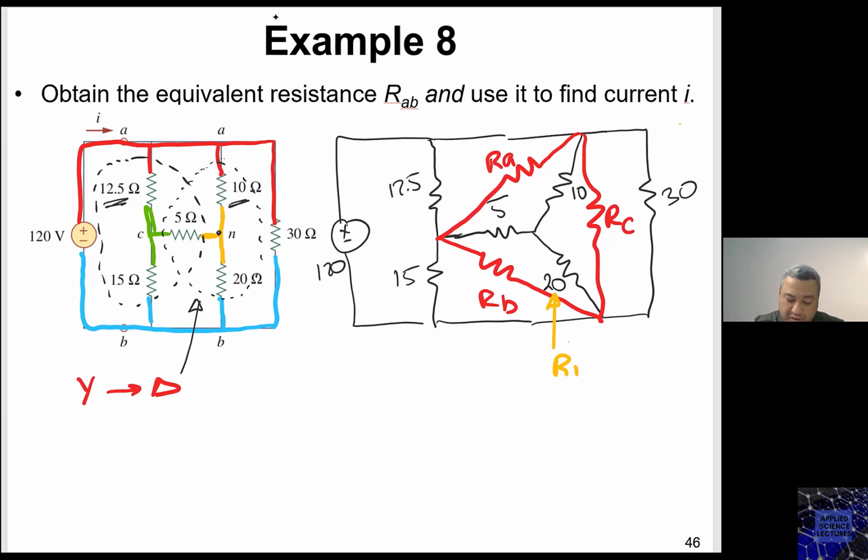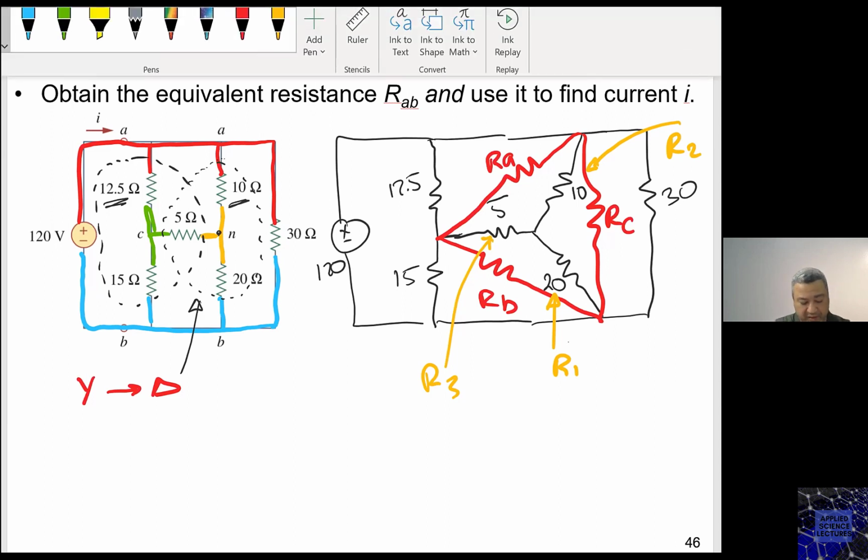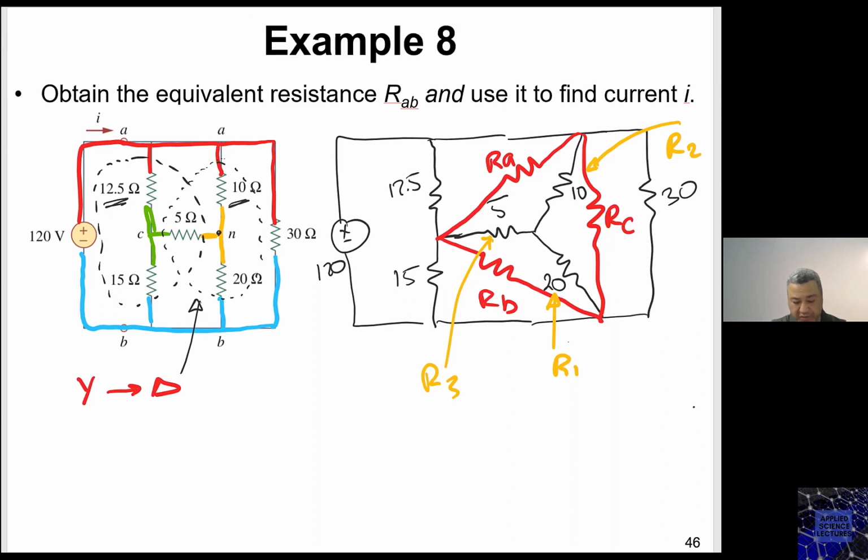And this one would be R2, and this one would be R3. If you want to use the equations that we provided right away, then you now know which is which. You can say RA equals, put that equation, substitute R1, R2, and R3, and find RA. For me, it doesn't matter. I can do it either way.